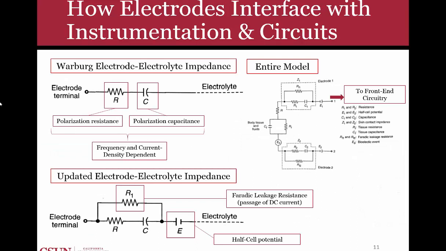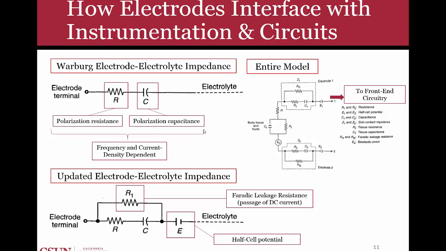All right. A more, I guess, accurate way of modeling the interface. There's two ways. There's called the Warburg electrolyte impedance, where you have just two elements, the polarization resistance and the polarization capacitance. These are both frequency dependent, so the values are dependent on the frequency that you're operating in.